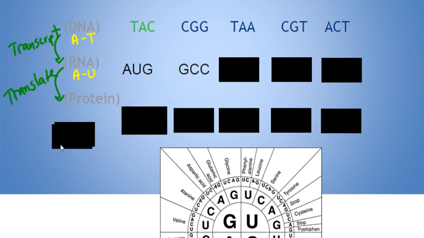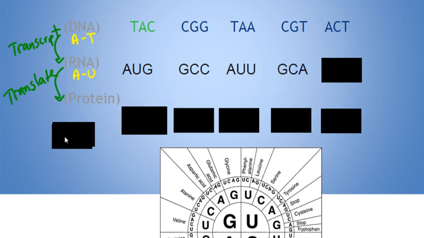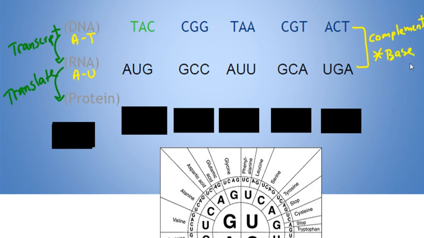CGG, GCC. TAA, AUU, CGT, GCA, ACT, UGA. Remember, these are complementary. So we have to follow the base pair rules.